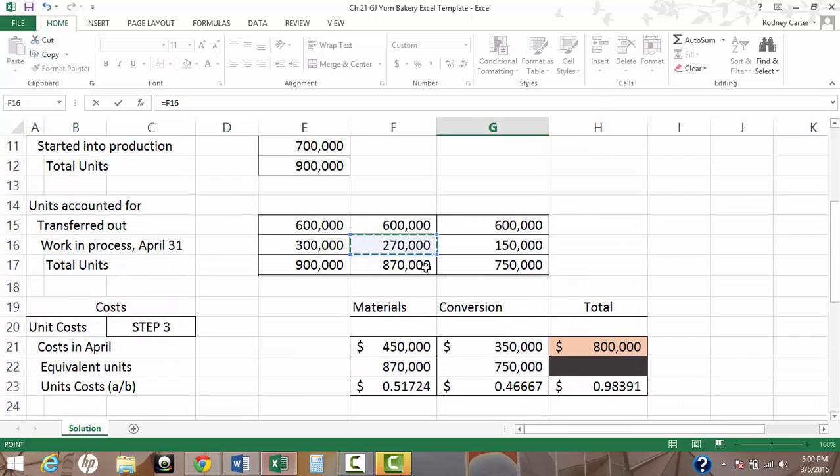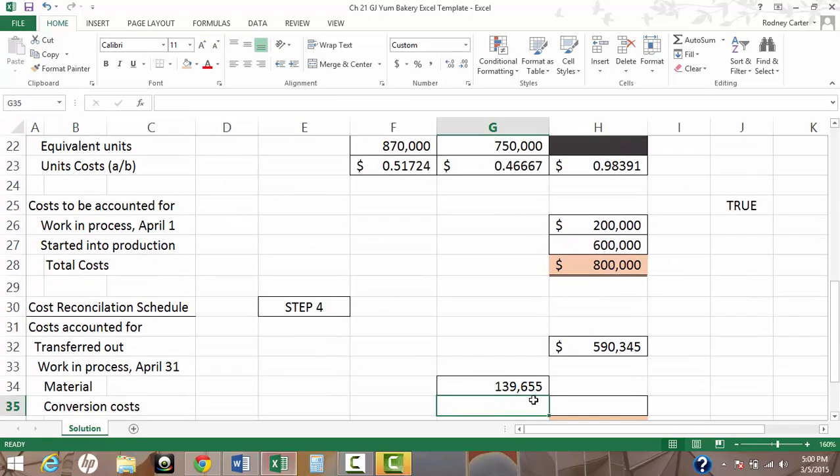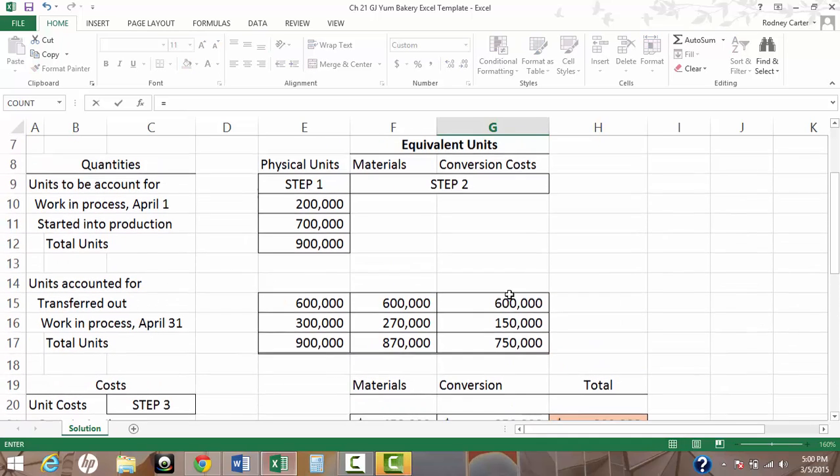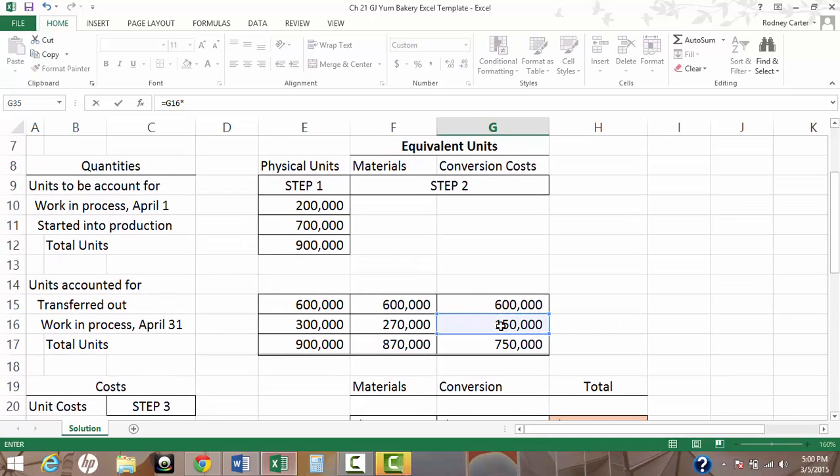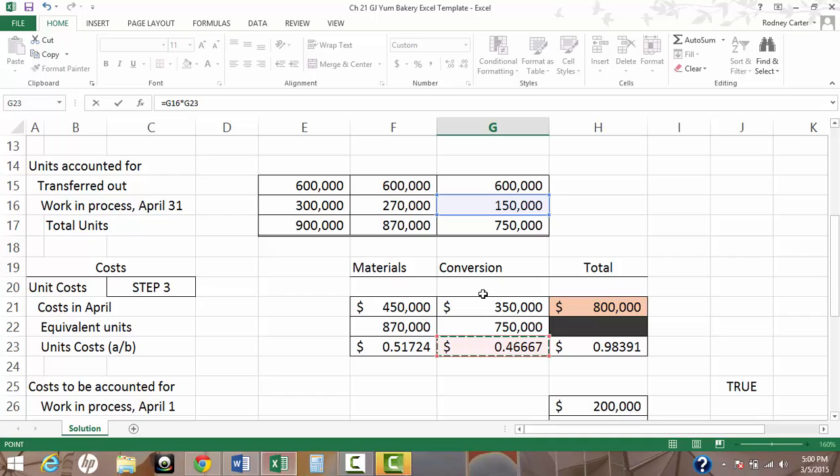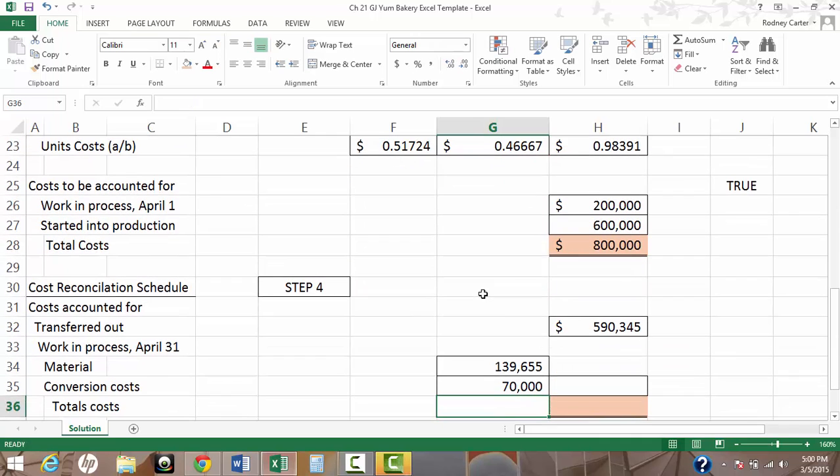So I'll take the 270 times the materials unit cost, and then I will take the equivalent units for conversion cost times the unit cost per equivalent unit for conversion.